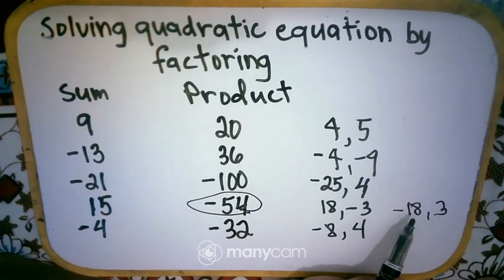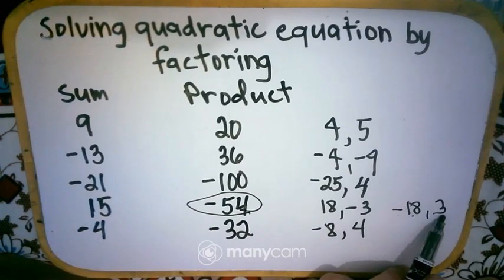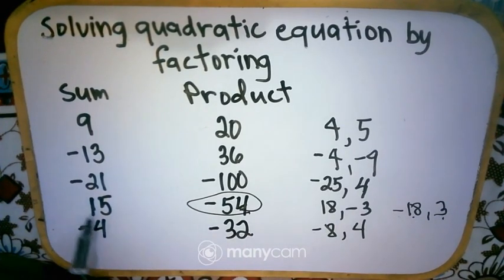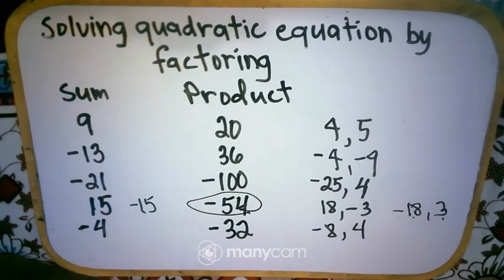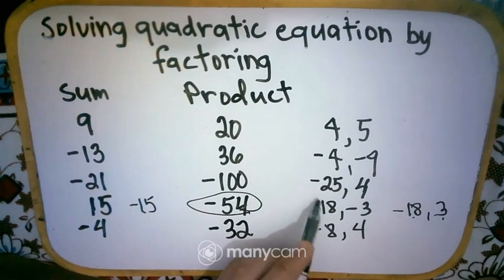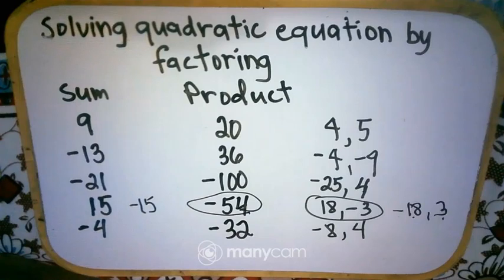But kapag pinag-add mo yan, negative 18 and 3, you will not get positive 15, but instead, you will get negative 15. So kaya po mali. So ang tamang sagot lang po ay 18 and negative 3. Ito pong drill na to ay magagamit ninyo kapag nag-solve na tayo ng quadratic equation by factoring. So dun sa factoring na part.